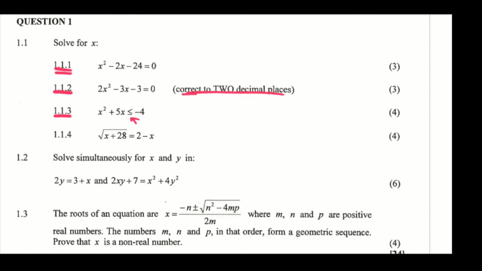Okay, so now we're going to do 1.1.4. So we're going to solve for x for this expression here where we have a SAT form, right? Whenever you have a SAT form, towards the end of the problem, please check if your solutions of x are correct, meaning that you're going to test if the left hand side is equal to the right hand side.